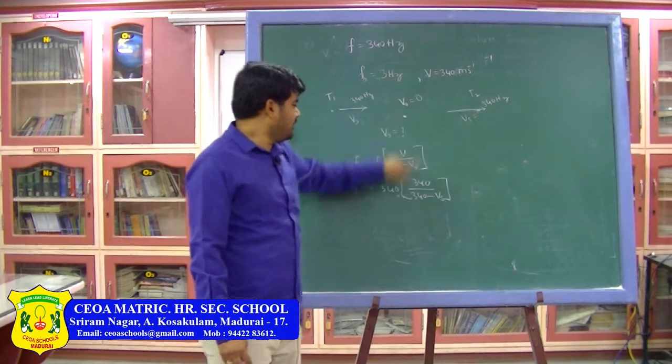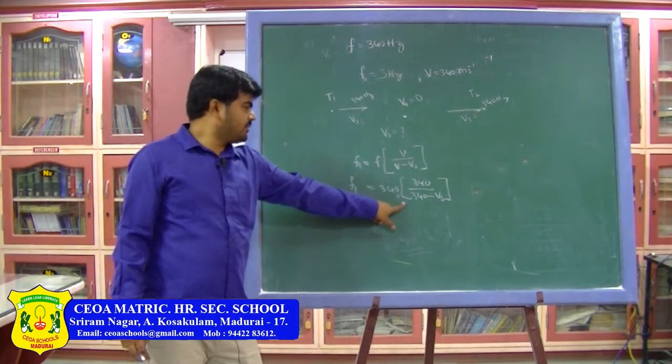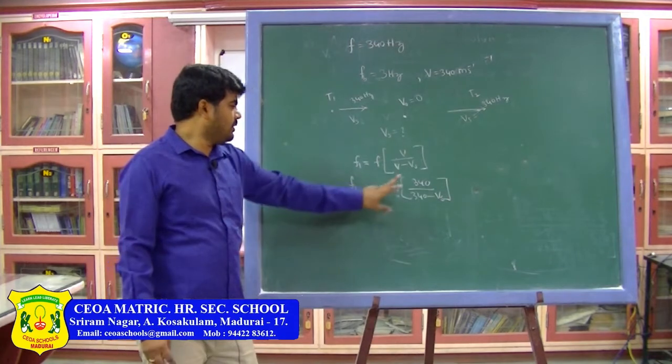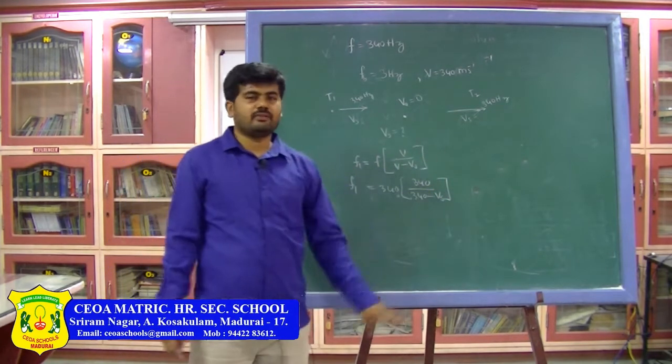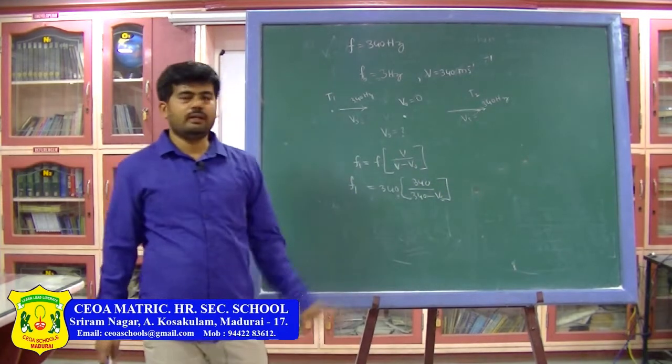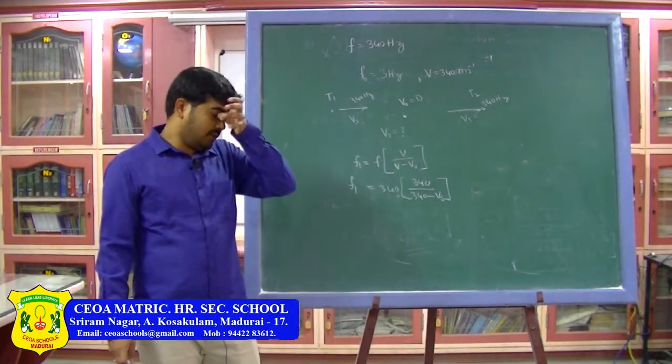So, he hears the apparent frequency given by 340 into 340 divided by 340 minus Vs. This Vs value we have to calculate by using the given condition.